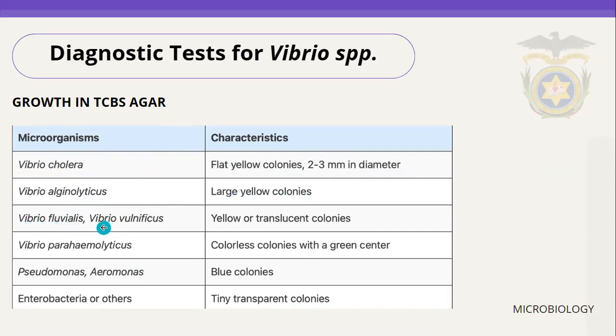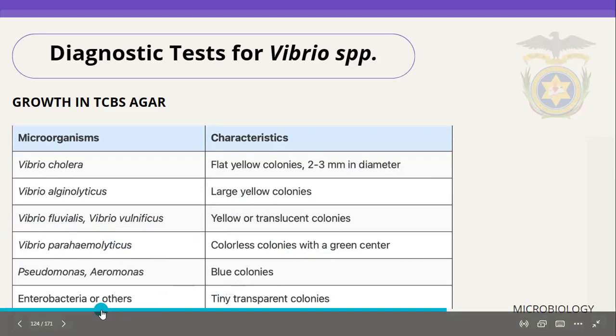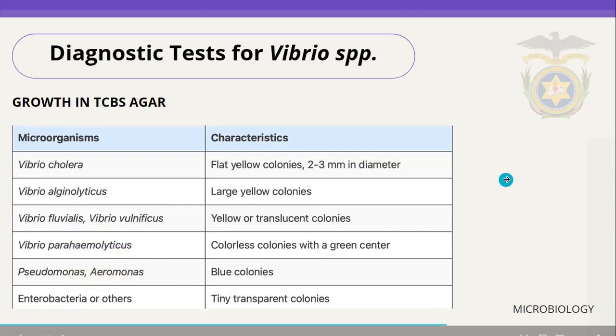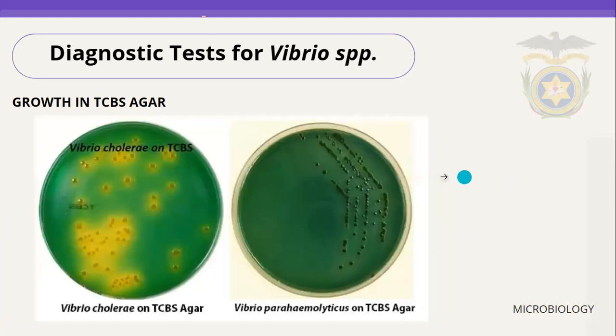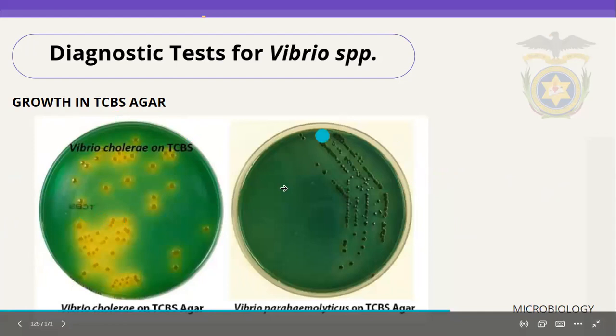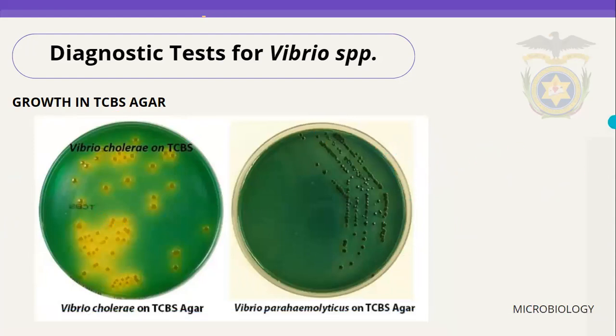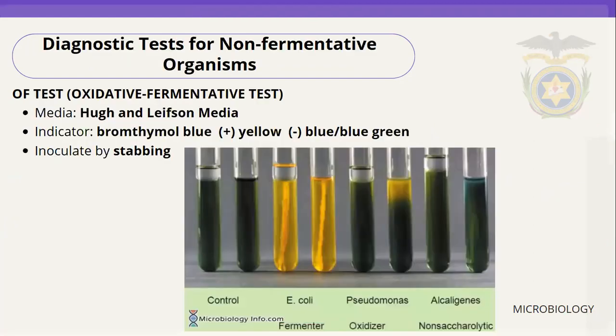Vibrio fluvialis and Vibrio vulnificus have yellow or translucent colonies. Vibrio parahaemolyticus has colorless colonies with a green center, Pseudomonas and Aeromonas have blue colonies, and Enterobacteria or others have tiny transparent colonies. Here is a picture of Vibrio cholerae and Vibrio parahaemolyticus growth on TCBS agar.